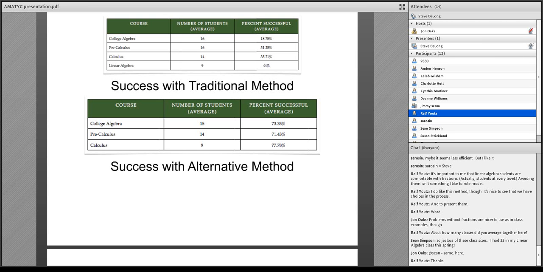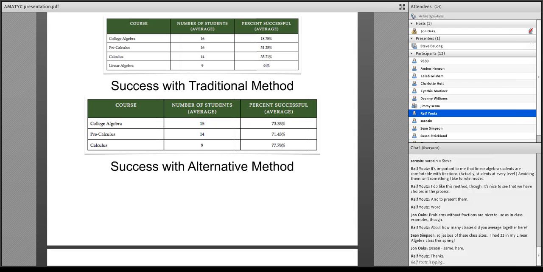I specifically was looking at problems that did involve fractions, and I noticed that in the traditional method, students were having all kinds of problems trying to move rows around and add multiples of one row to another when there were fractions involved. It just seemed like they were going off the rails, and that wasn't the point of the problem, and that was really what was distressing me, and that was why I went to this alternative method. You notice that I had never tried the alternative method in a linear algebra class, so much like what Ralph was saying before, in linear algebra I figured, you guys should be able to handle the traditional method.